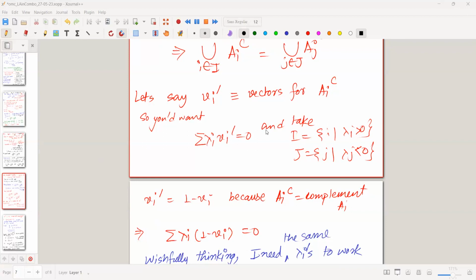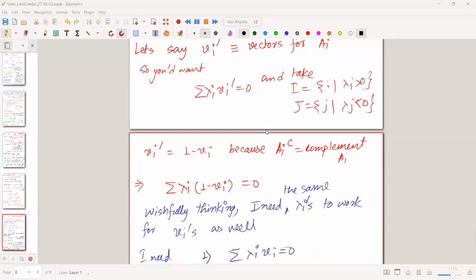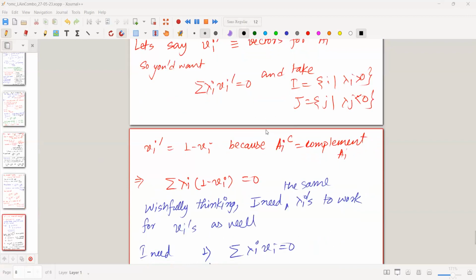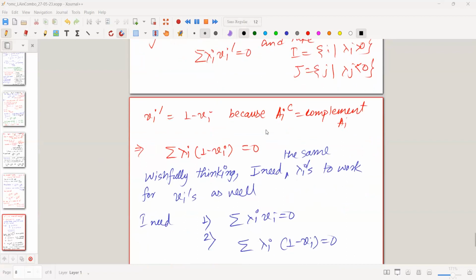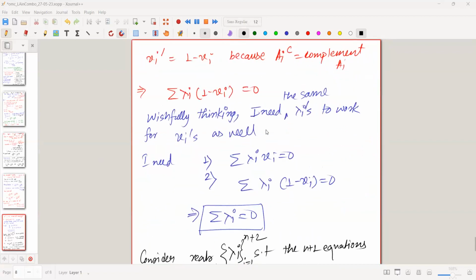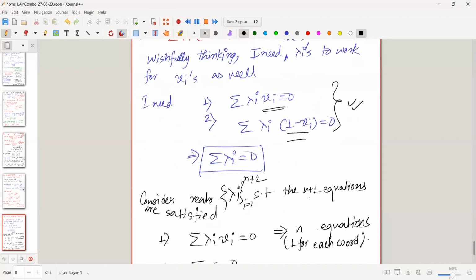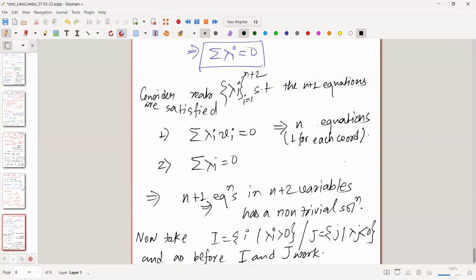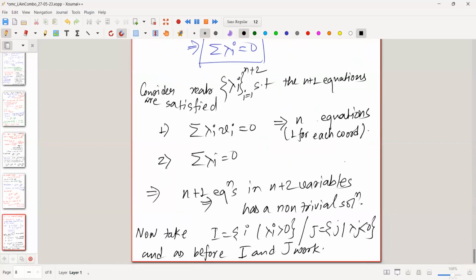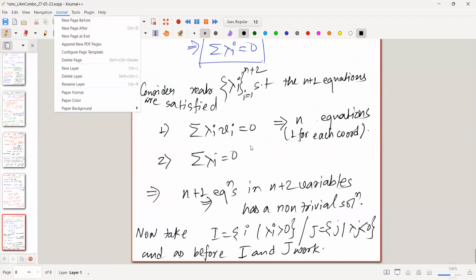You would want some lambda i such that the sum is 0, and you take the positive ones in one partition and the negative ones in the other. But you need these two conditions to hold at once. This is sort of wishful thinking, but these are n+1 equations in n+2 variables, so it does have a non-trivial solution. So I just take that tuple lambda 1 up to lambda n+2, which will give me a result.